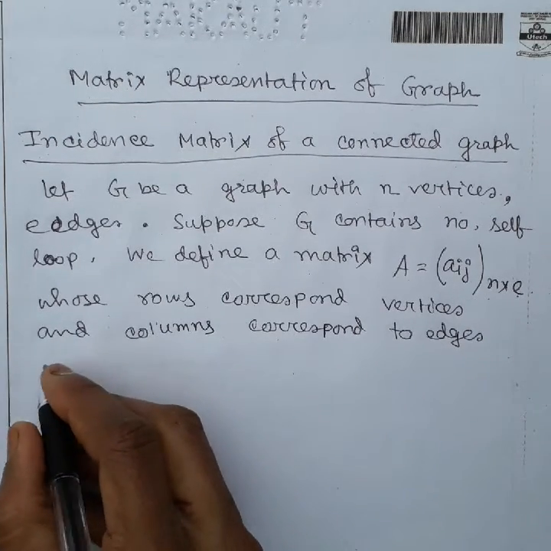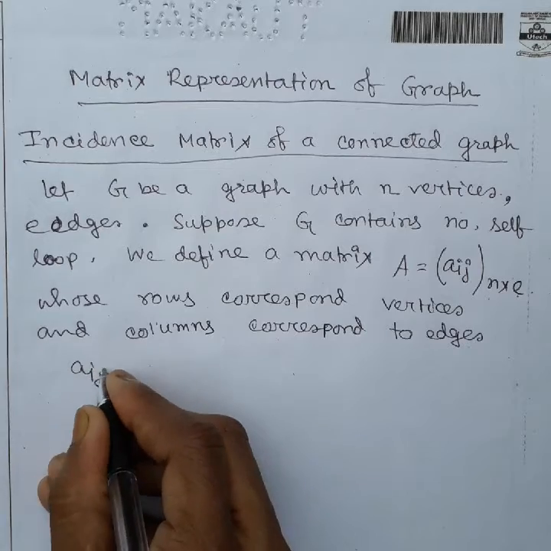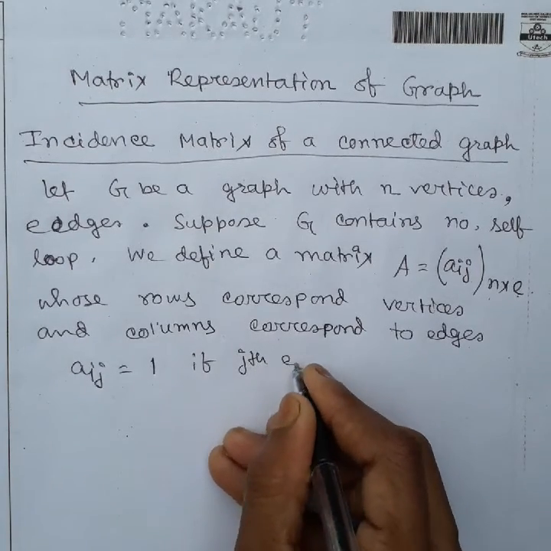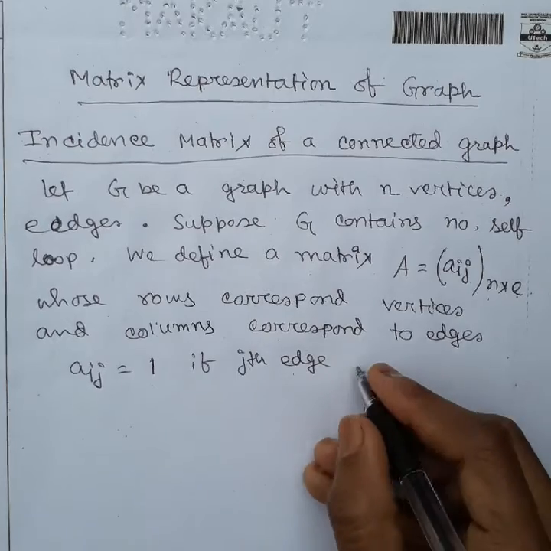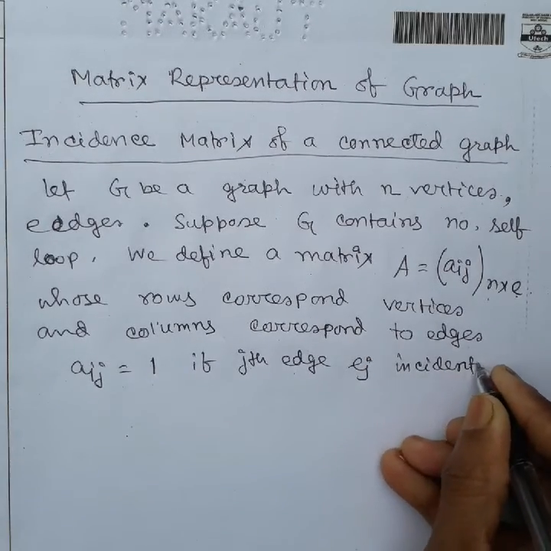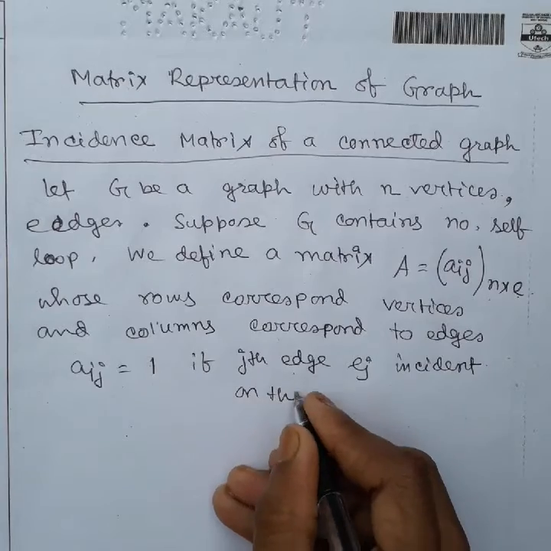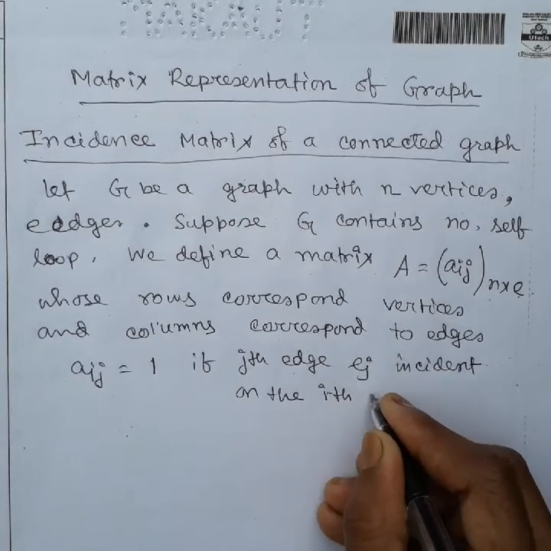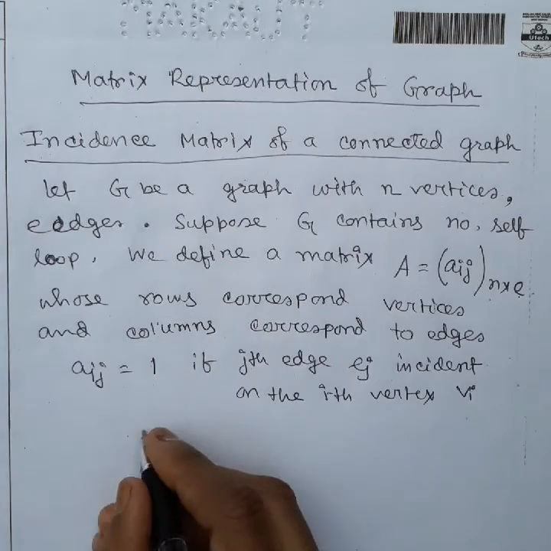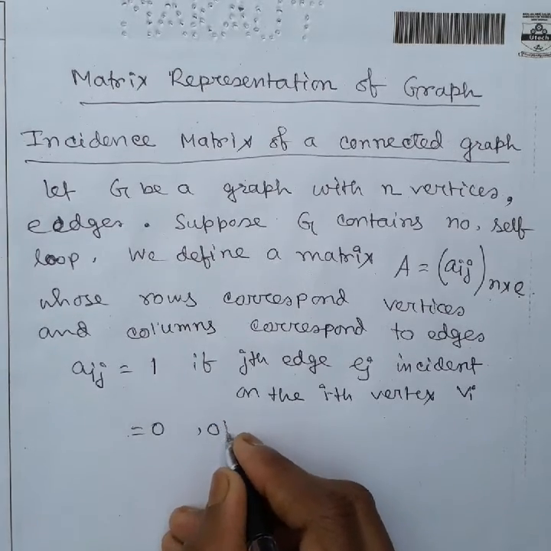Aij is equal to 1 if the jth edge Ej is incident on the ith vertex, that is Vi, and this is equal to 0 otherwise.